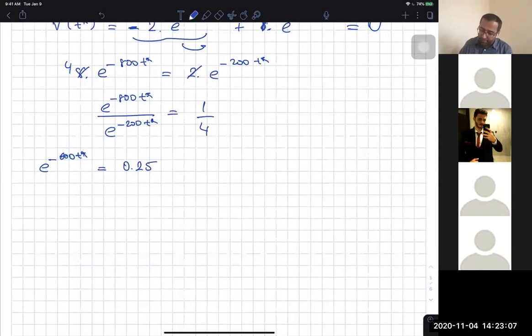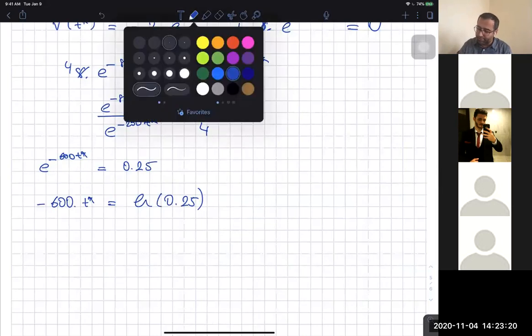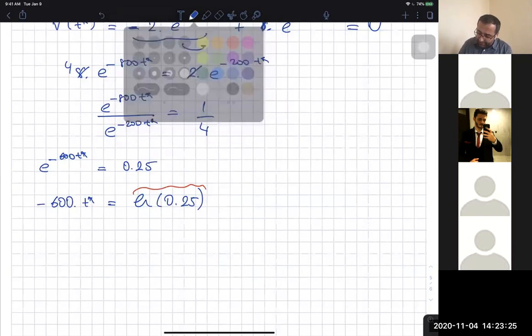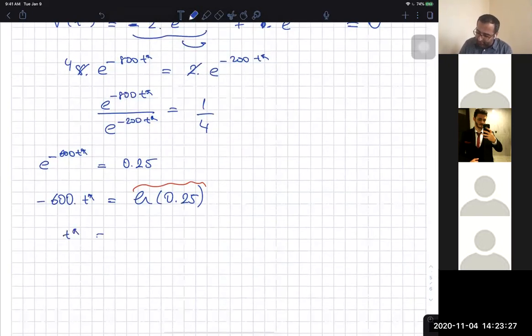If I take ln of both sides, the left-hand side will be minus 600 times t star, and the right-hand side will be ln of 0.25, which you should calculate. Then t star is just ln of 0.25 divided by minus 600. And this ln of 0.25 should be a negative number, so that we get a positive time.